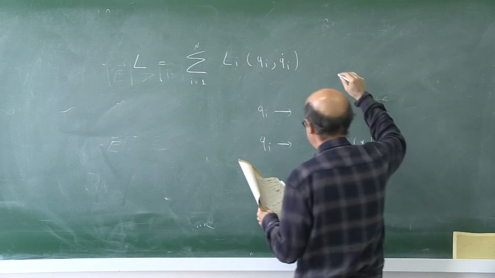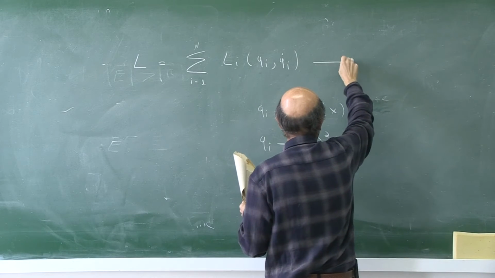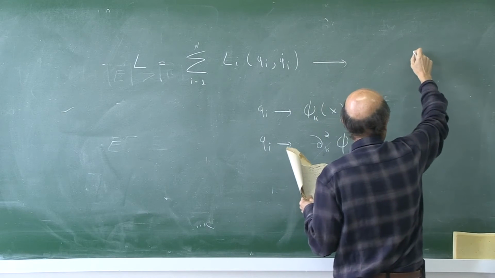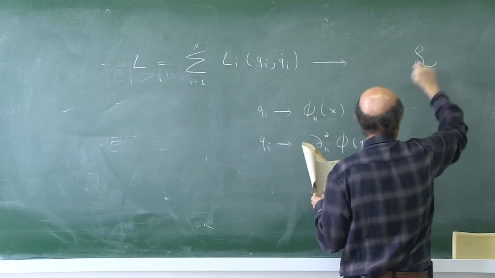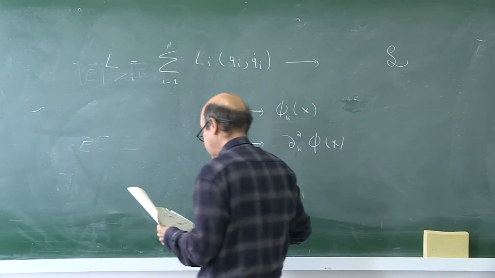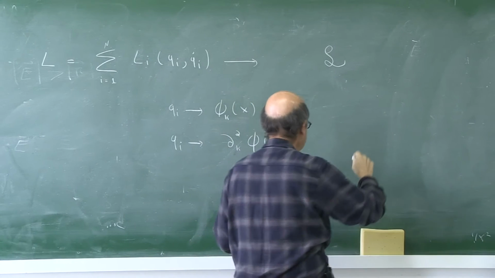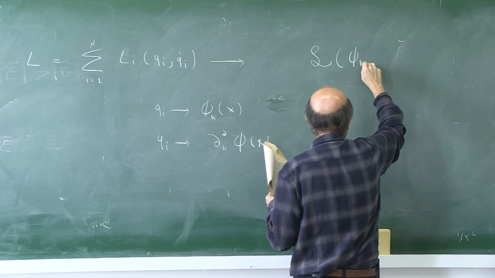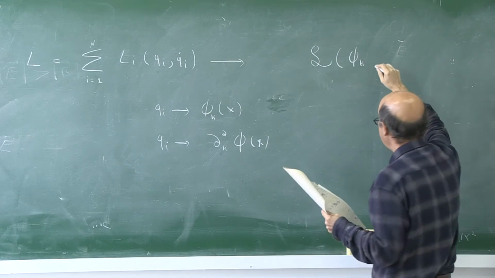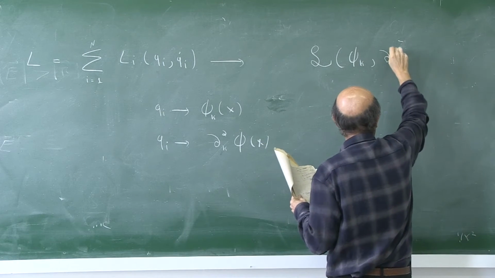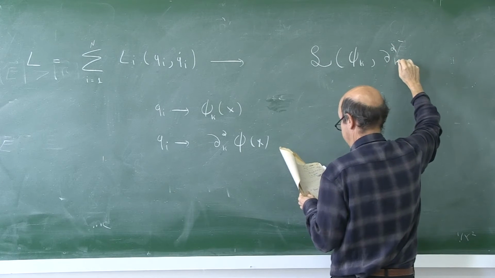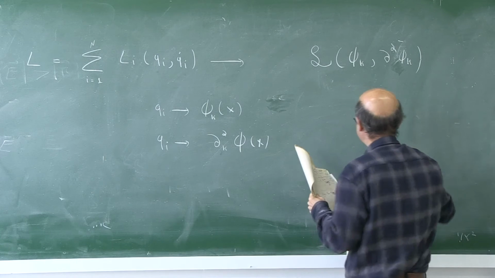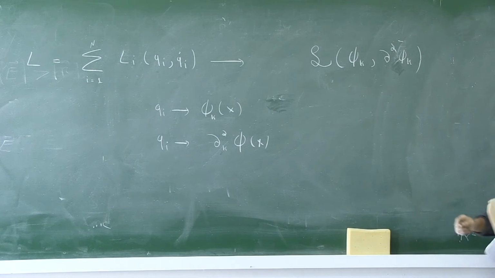So then the definition of the Lagrangian is the Lagrangian density denoted by this notation. The coordinates are the fields that could be more than one at any time, and the derivative of the fields. K could be more than one, okay?